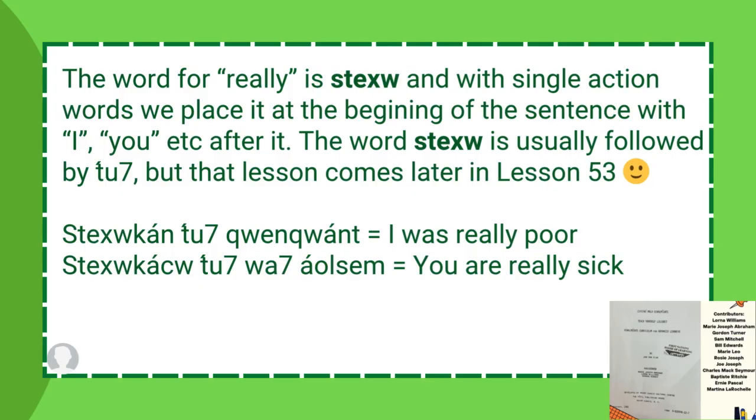And now a little bit about really. The word for really is stoch. And with single action words, we place it at the beginning of the sentence with I, you, etc. after it. The word stoch is usually followed by klo, but that lesson comes later in lesson 53.